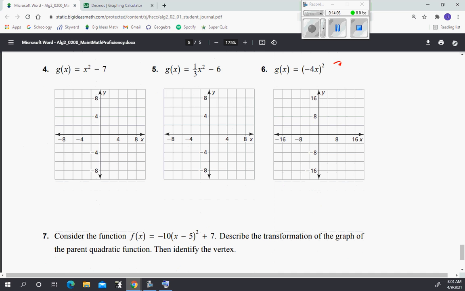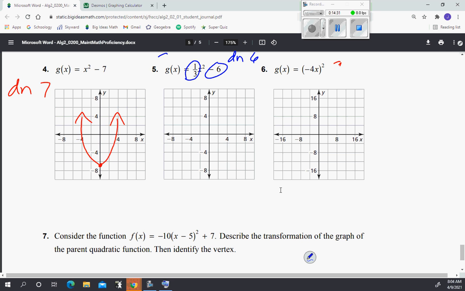This one is just going to be down 7, so 6, 7, right at negative 7 here, and then it goes up. That's how quickly we can do it, and probably describe it down 7. This one, down 6. That 1/3, what is that 1/3?